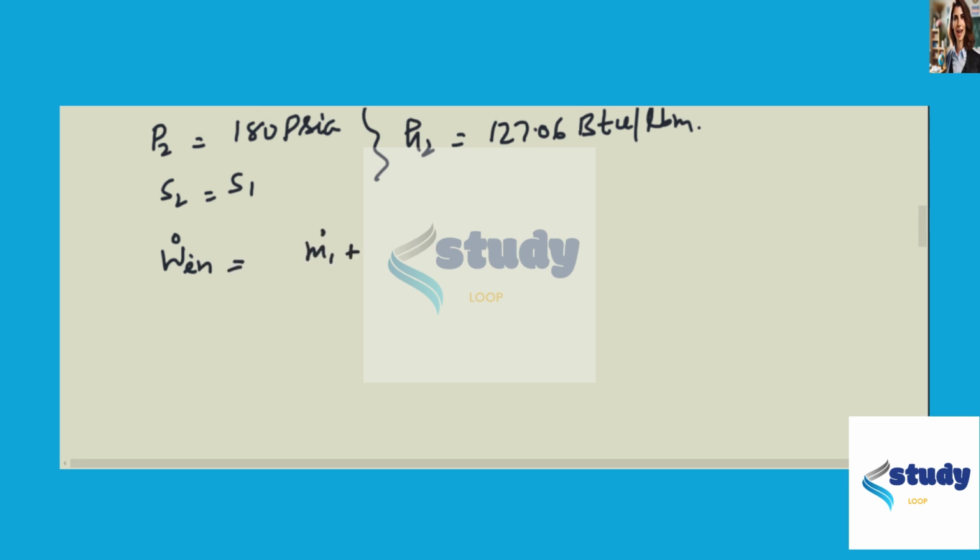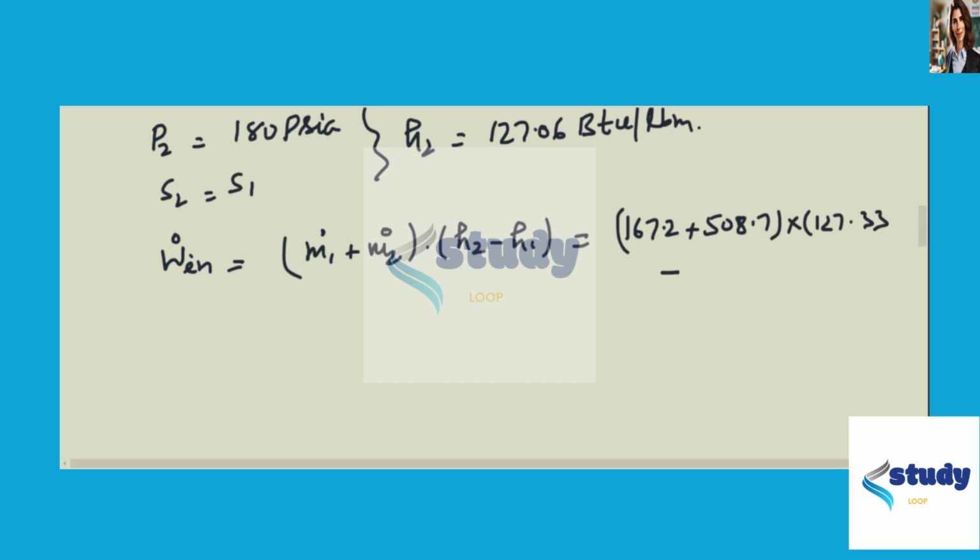The power input we can calculate. Total mass flow rate of refrigerant into the change in enthalpy from state 1 to state 2, that is 167.2 plus 508.7 into 127.33 minus 100.33.